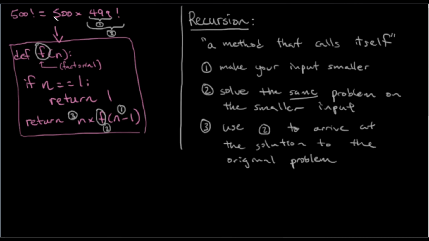And then solving that original problem by using our answer to step 2 would be right here, multiplying 499 factorial by 500. And so that, in essence, is the bare bones breakdown of recursion.